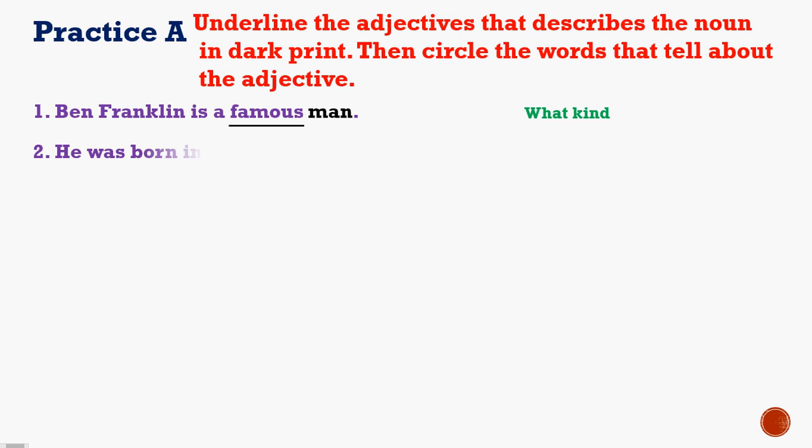Number 2. He was born in 1706 in colonial Boston. Okay? So the adjective is colonial. Good job. And this is about what kind or how many? Good job. What kind?